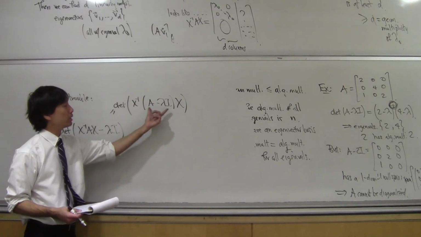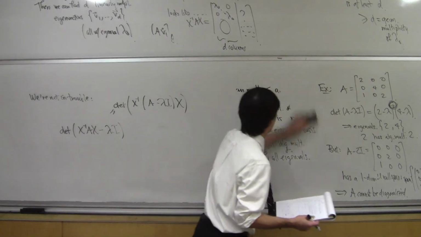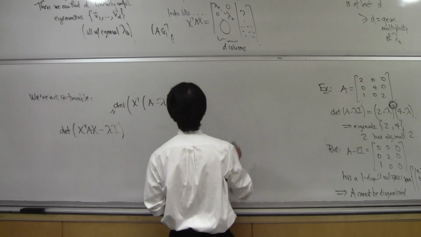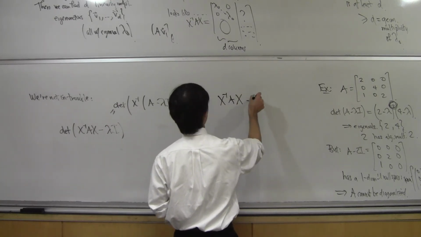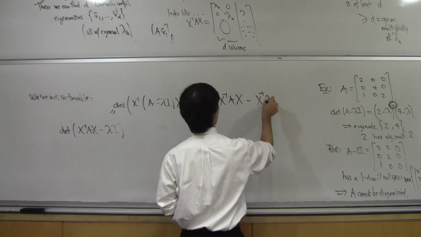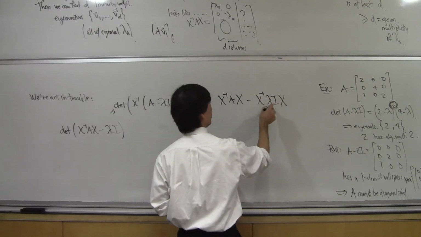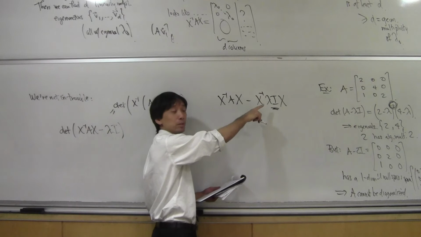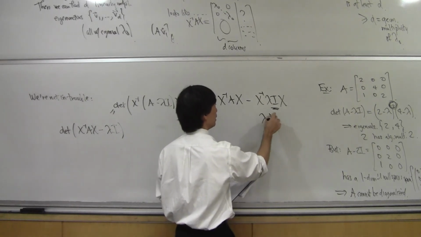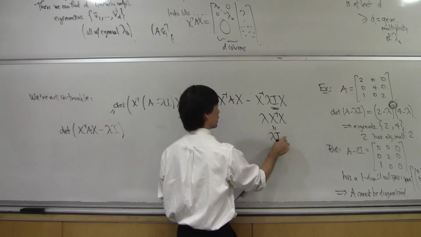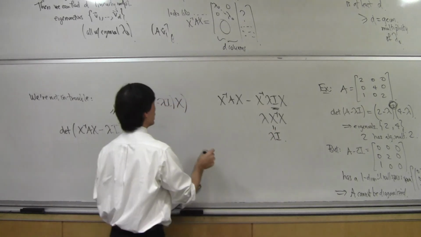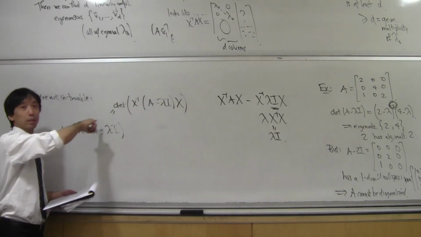Because if you multiply these guys out, you're going to get X inverse AX minus X inverse lambda I X. But this is the identity matrix, and so you're just going to get lambda X inverse X, which is just lambda I. Okay. So this is the same thing.